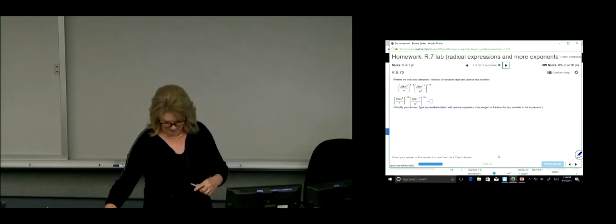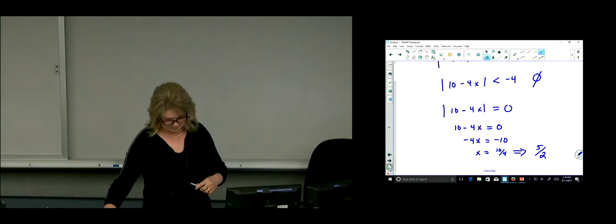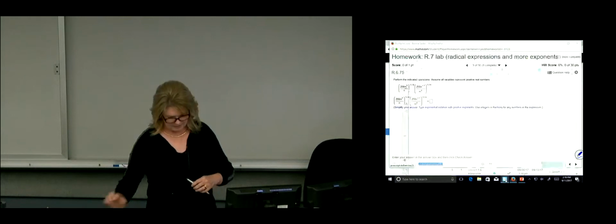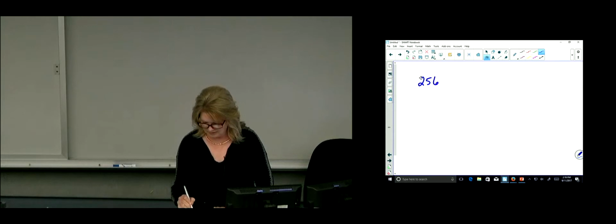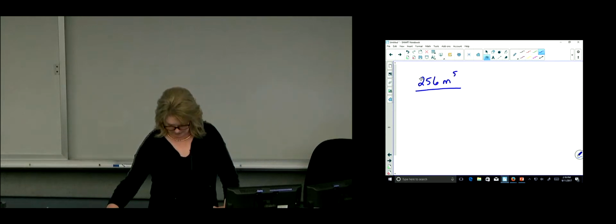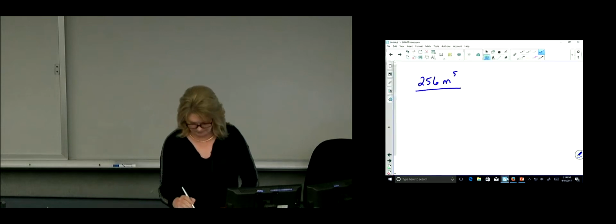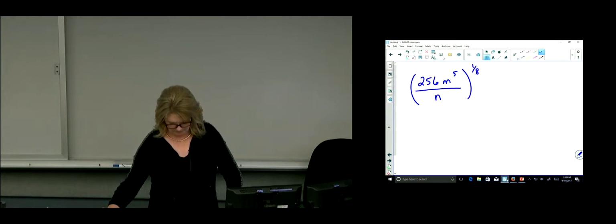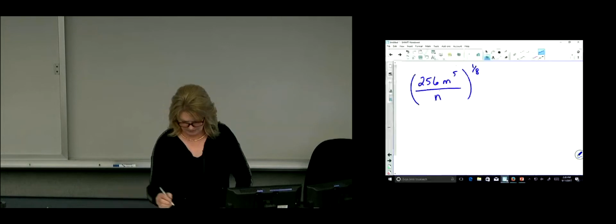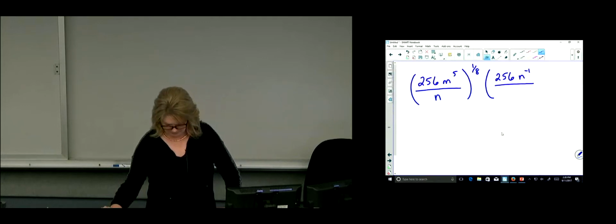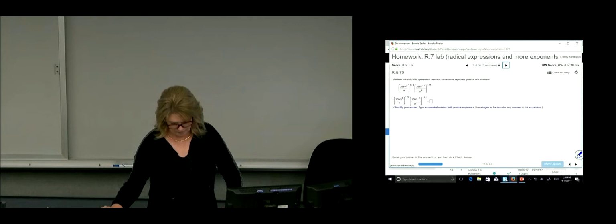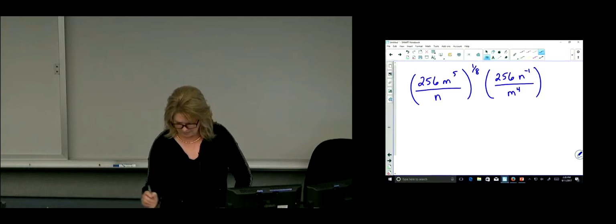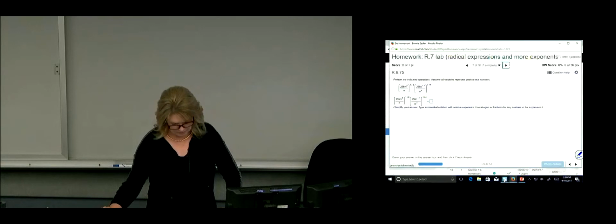Okay, let's see if I can get it written down. 256 m to the 5th divided by n, all to the 1/8, times 256 m to the -1 n to the 1/4, all raised to the 1/4.